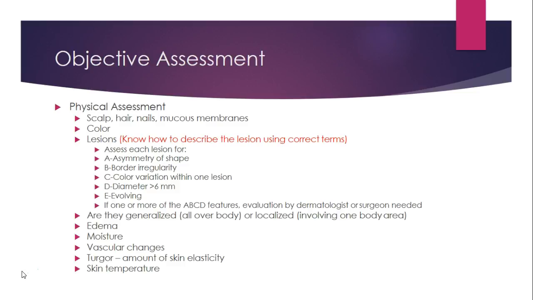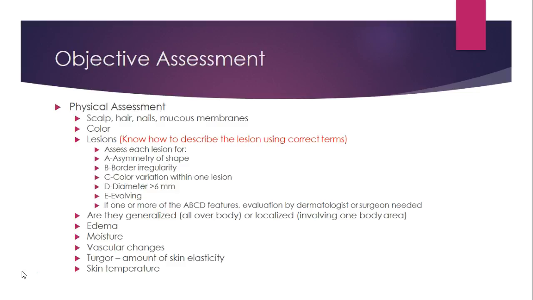Other things to watch for with these lesions: are they generalized? Is it all over the body or is it one spot? Is it down a dermatome, like herpes zoster, or shingles, I should say? Look for edema. Is it boggy? Is it edematous? Is it swollen? Any moisture with this? Is the lesion dry or is it moist?